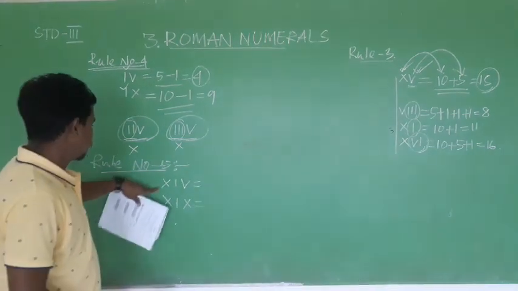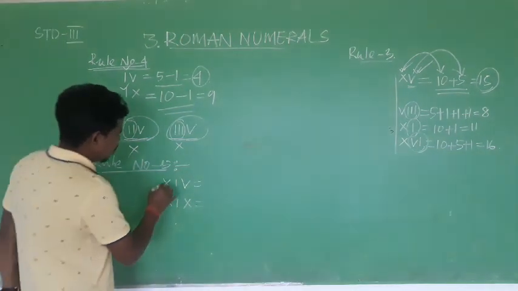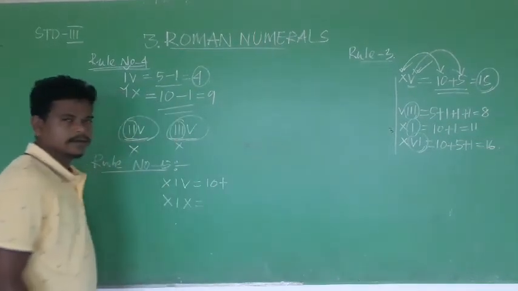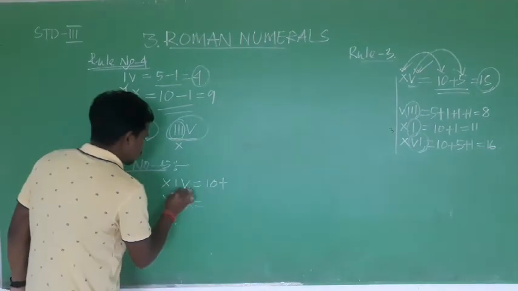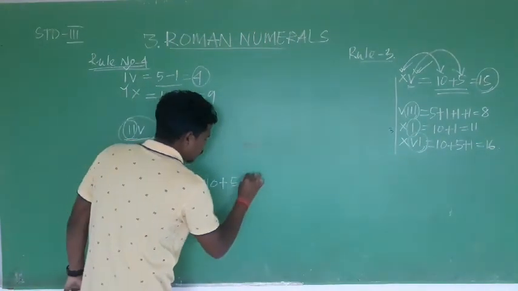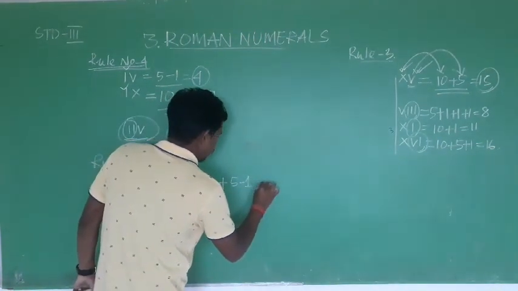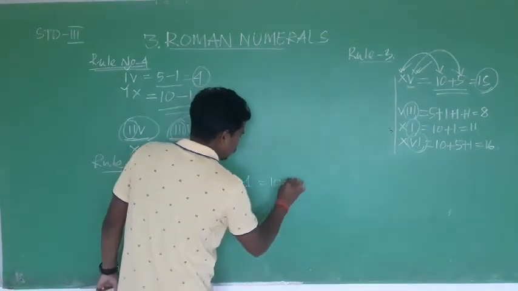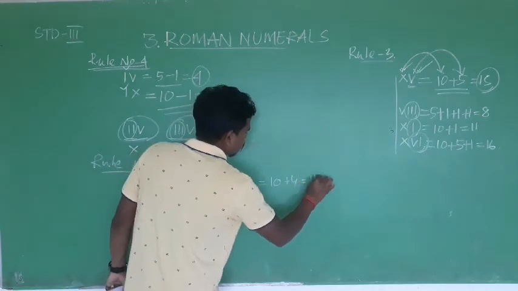Like this. That is 10 plus, this will be what? 5 minus 1. 5 minus 1 is equal to what? 5 minus 1 is 4. 10 plus 4 is equal to 14.